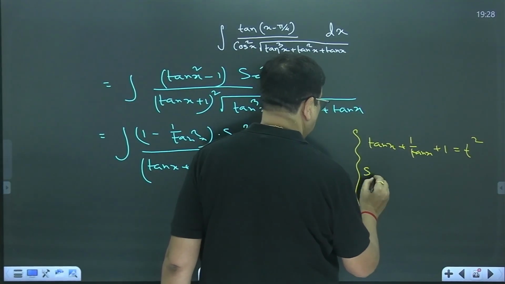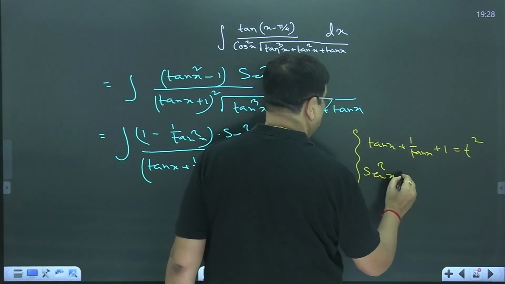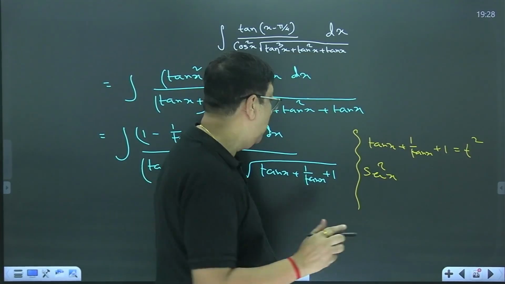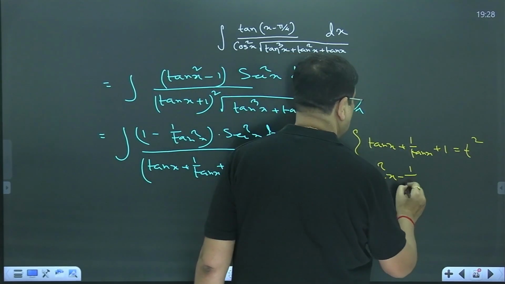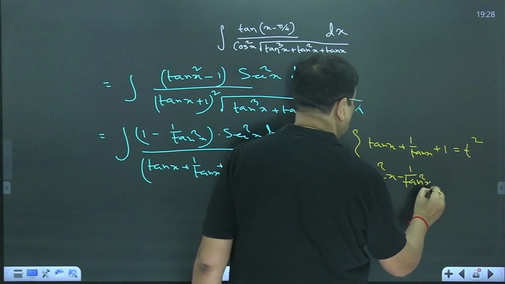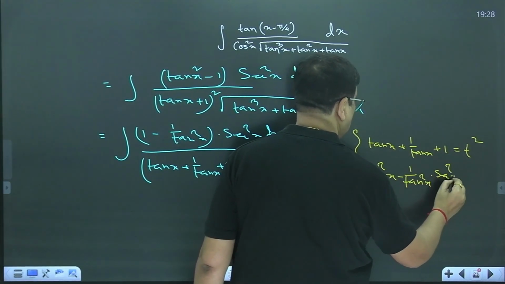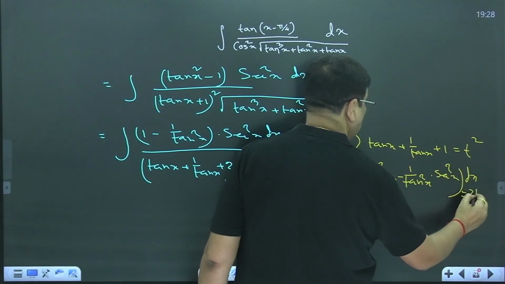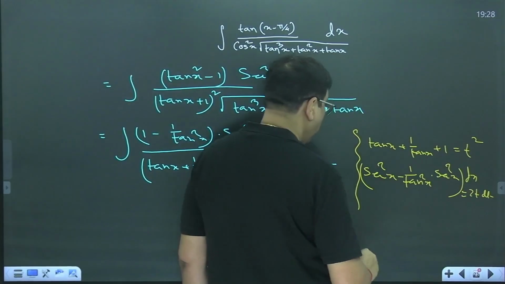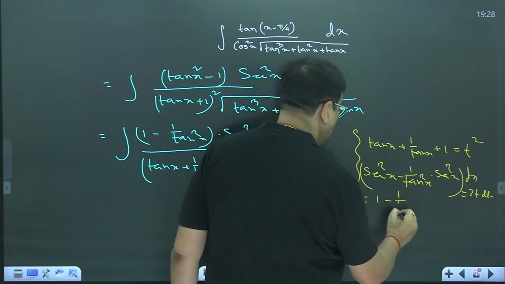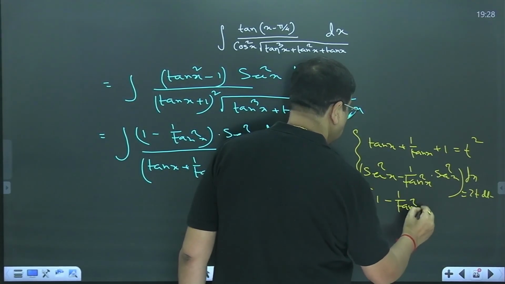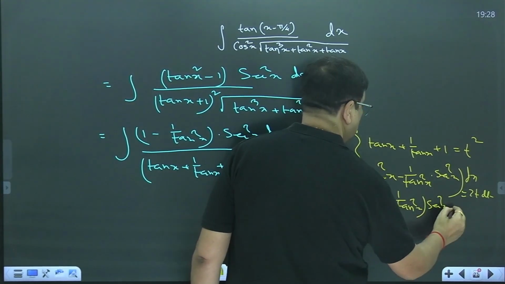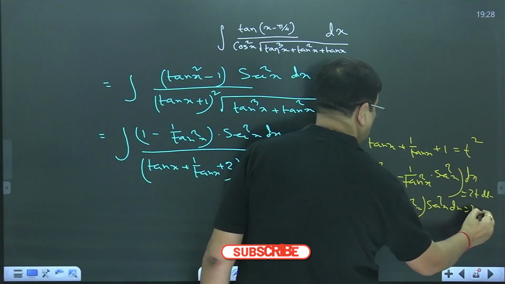So this is coming sec square x plus 1 by tan x, tan to the power minus 1, minus 1 by tan square x into sec square x dx equal to 2t dt. Therefore 1 minus 1 by tan square x into sec square x dx equal to 2t dt.